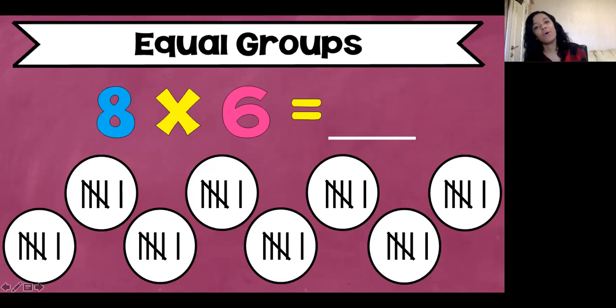Okay? Now, there are very different ways that we can do this. Counting by 6s is quite hard if we're still practicing, right? What you can do is count one by one. 1, 2, 3, 4, 5, 6, 7, 8, 9, 10, 11, 12, and so on until you count them all, right? That's okay too.